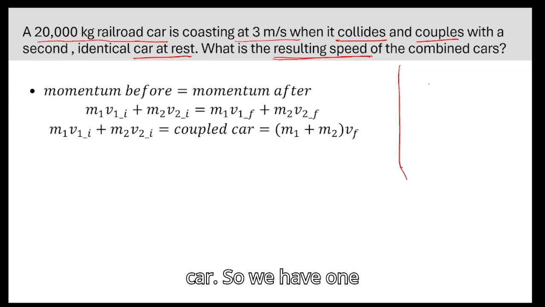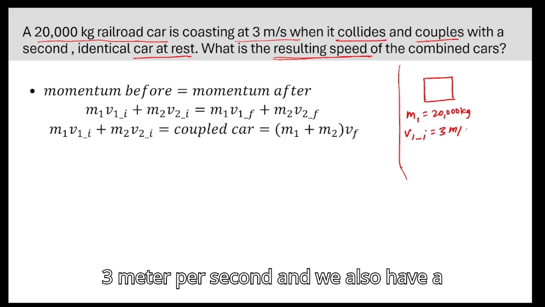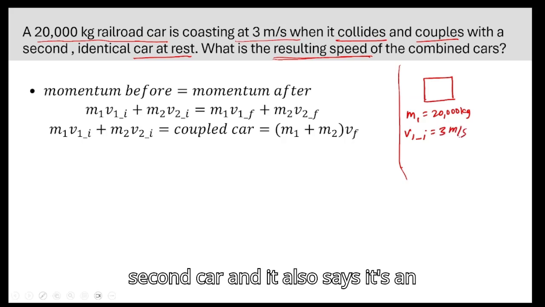So we have one car initially moving at 3 meters per second, and the mass of the car is 20,000 kilograms, and we also have a second car.